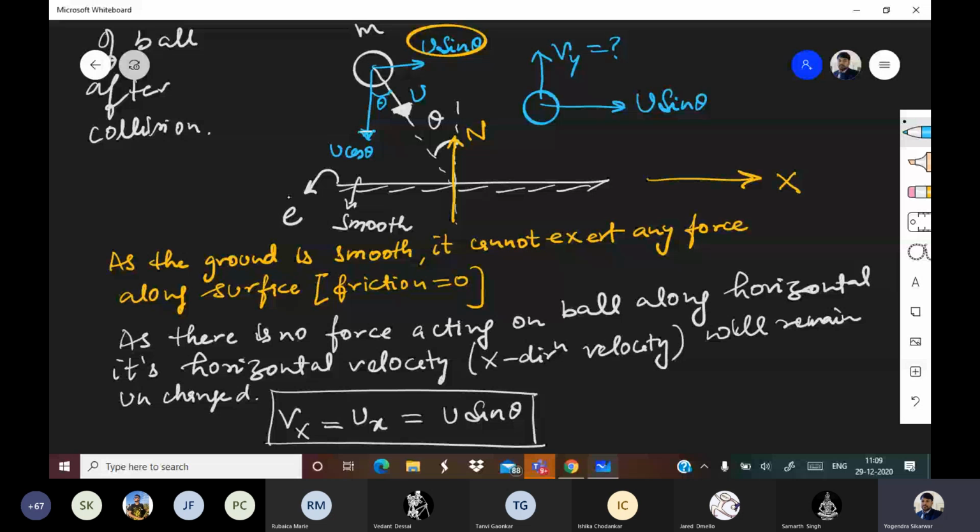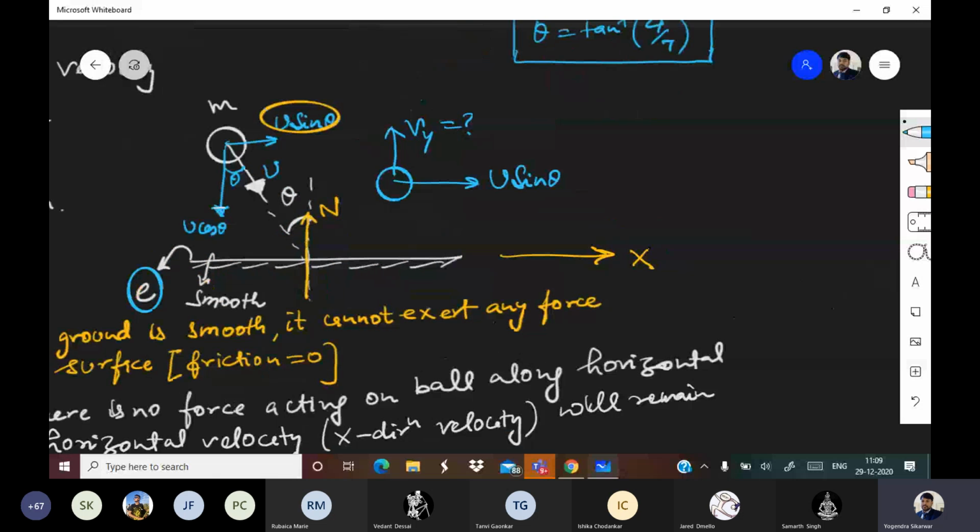And E is also given to us. That means we need to use E also. Listen very carefully to what I am saying. That means E can be used only along y direction, because along x there is no change. So let us use that.